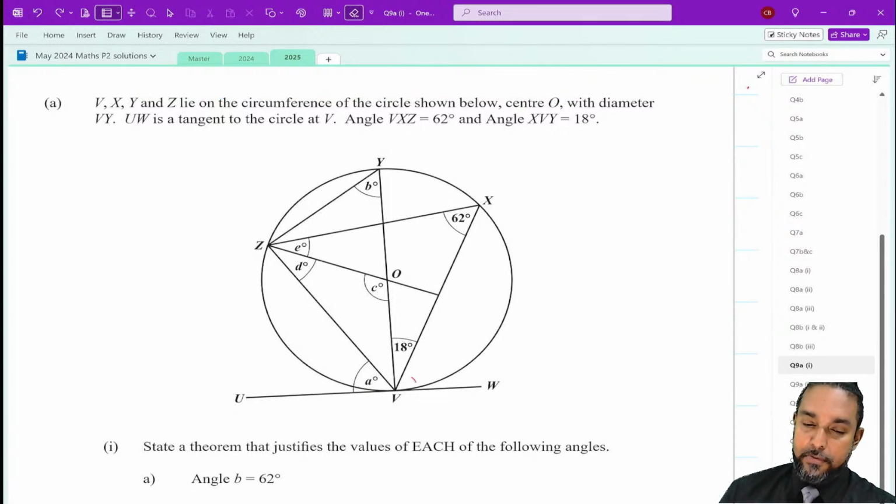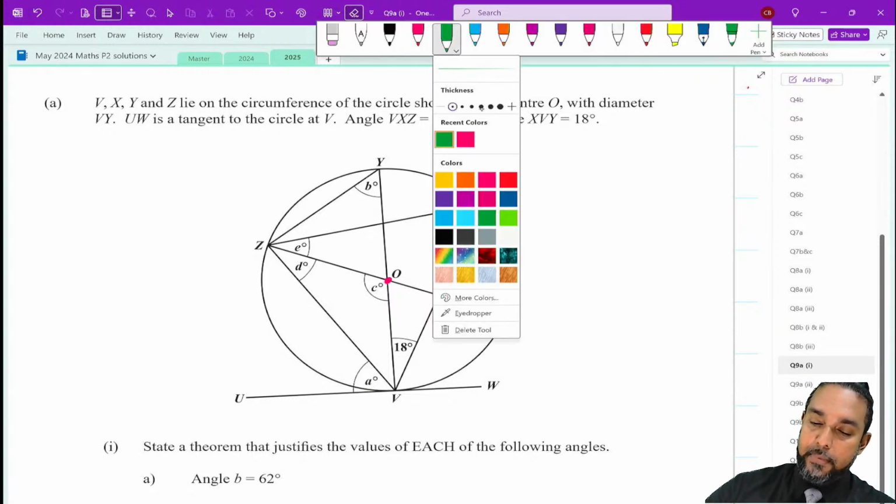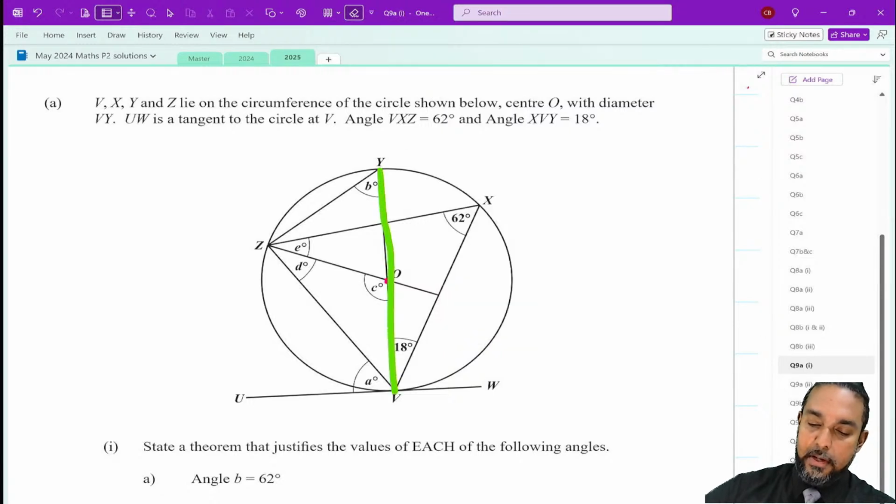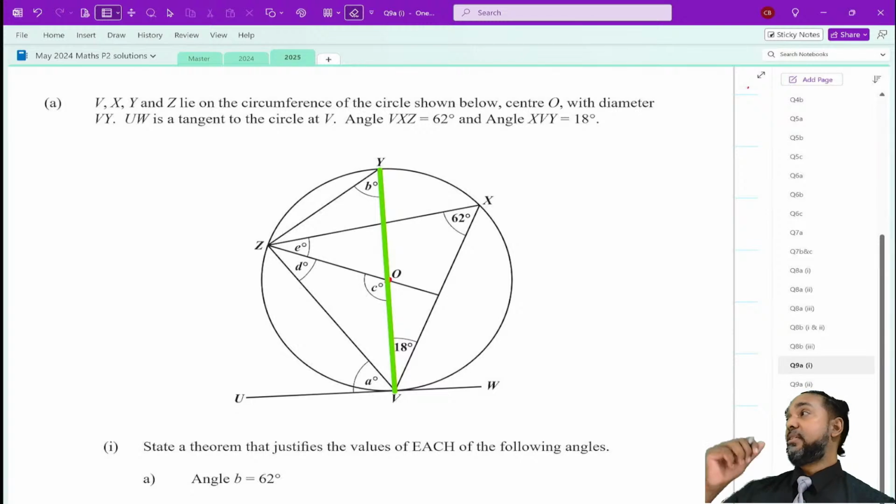So V, X, Y, and Z lie on the circumference, center O. So O is the center of the circle. And what they are also saying is that VY, which is this line here, is a diameter. Now a diameter cuts a circle in half.